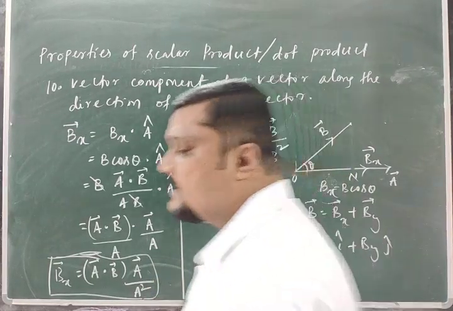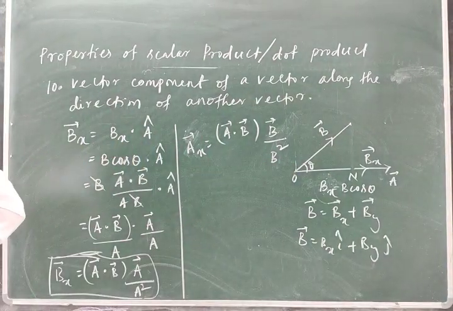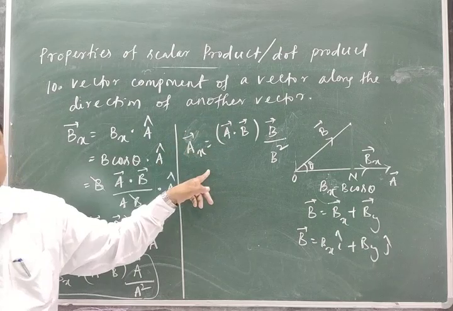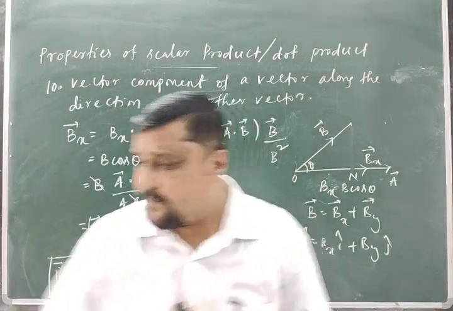A dot B by B square. So this is the vector component of A along B, right?